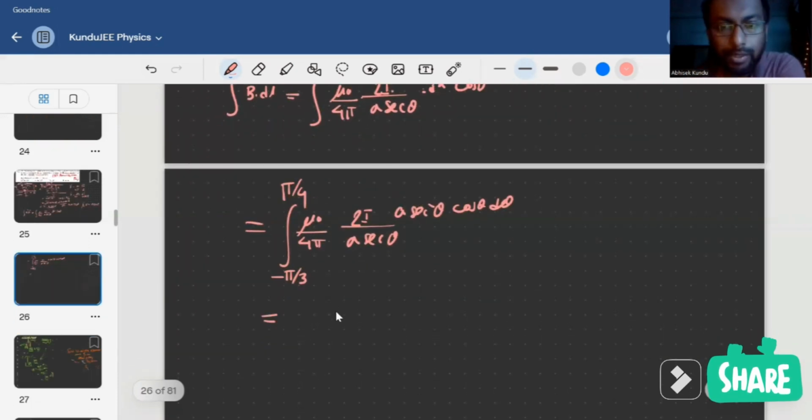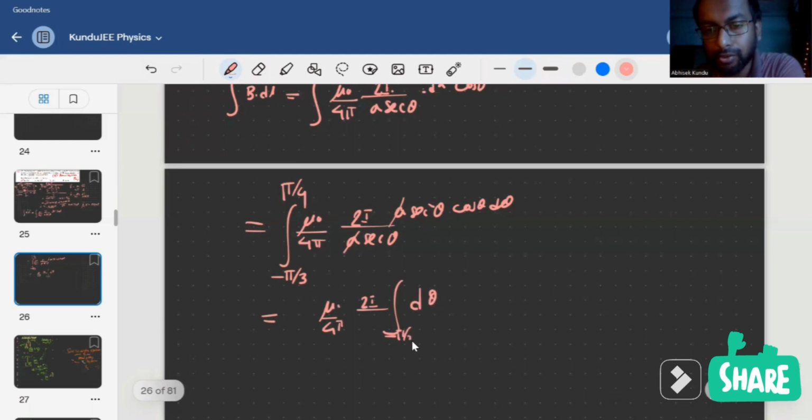Now we have to perform this integration. Mu naught by 4 pi 2I, a will cancel, sec theta and cos theta cancel, leaving the integration of d theta from minus pi by 3 to pi by 4.